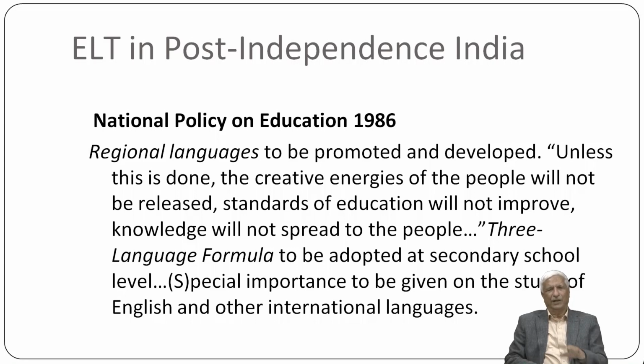Therefore, along with this recommendation, the three-language formula was given equal importance. It was to be adopted at secondary school level itself. And the three-language formula included one local language, one national language, and one international language, which meant English, in fact.